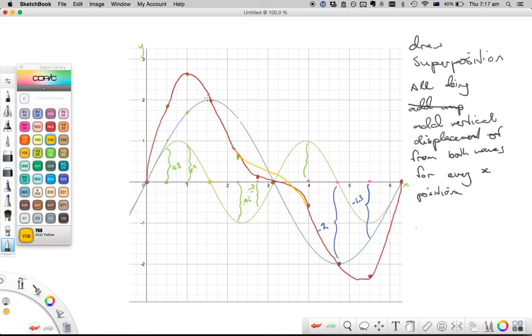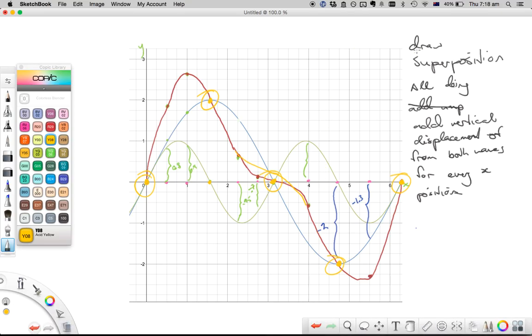Because this is 0, the graph has to go through this point because it's 0 plus this displacement. This has to be 0. This has to be 0. This point has to be 0. So these ones are no-brainers, so start with them, and then do a few intermediate points to see where you're going.